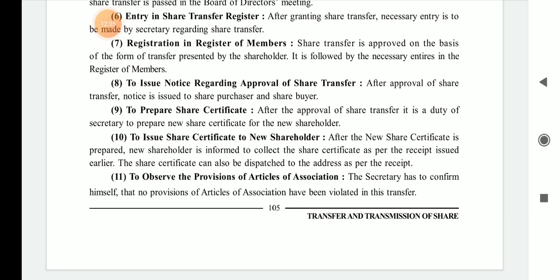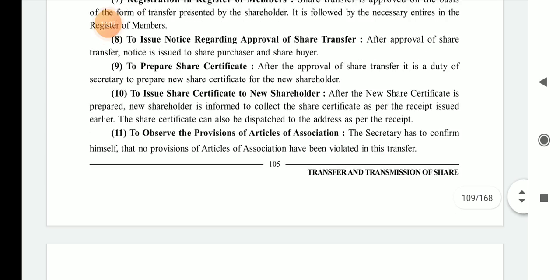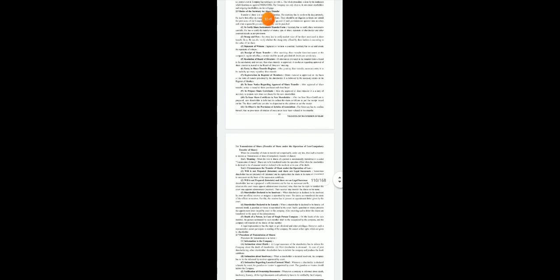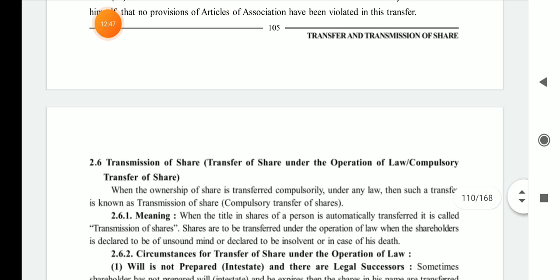It is a very necessary part, and they have to compulsorily mention this while they transfer and approve in the company's transfer procedure.